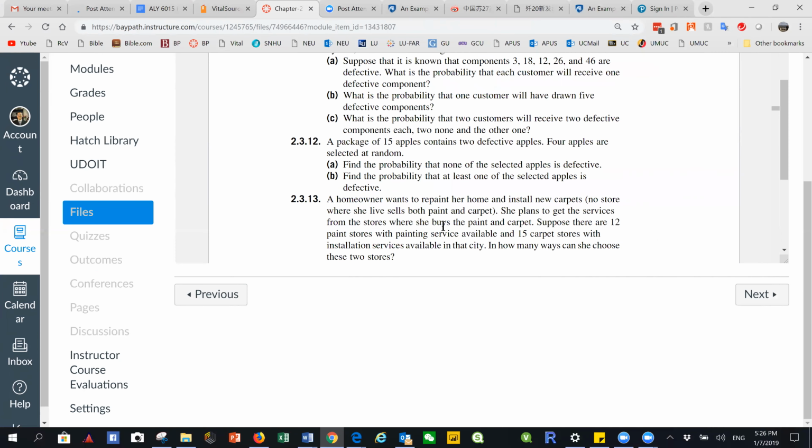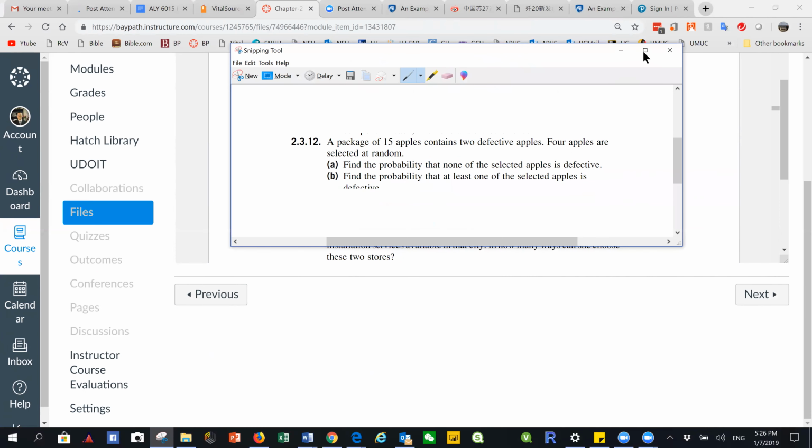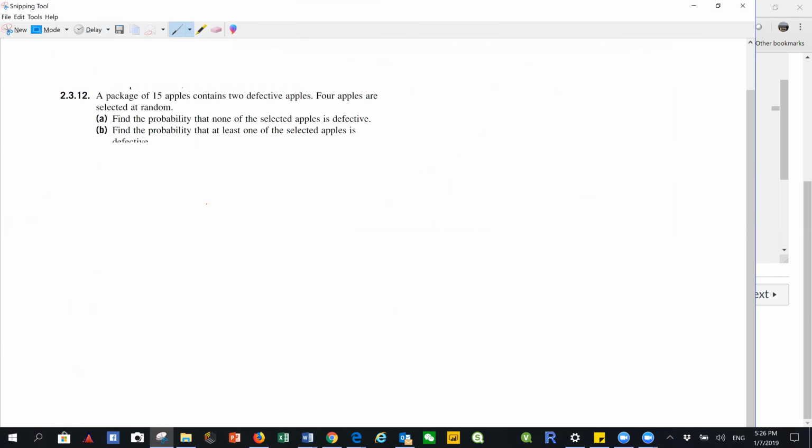Number 12 has to do with the distribution called hypergeometric distribution.